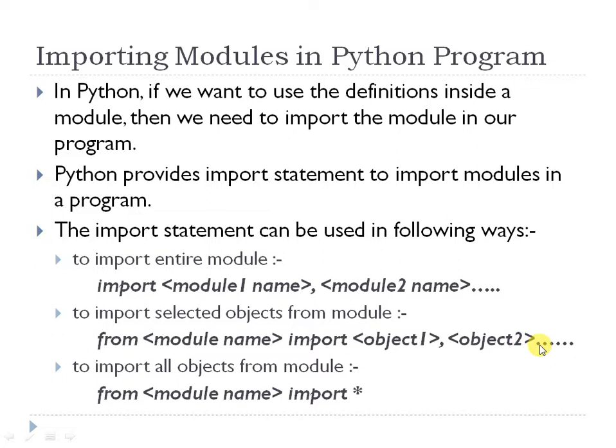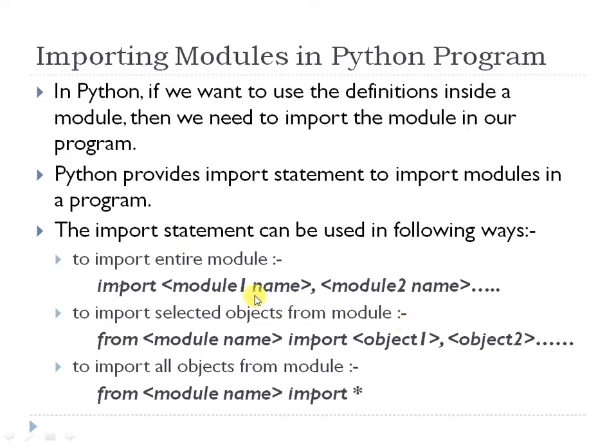Clear? And if you want to import all the objects from that module, you will write from module name import star. So here star represents all the objects. Okay. So these are the three ways in which you import a particular module and its objects.